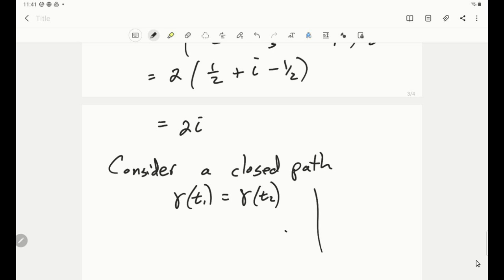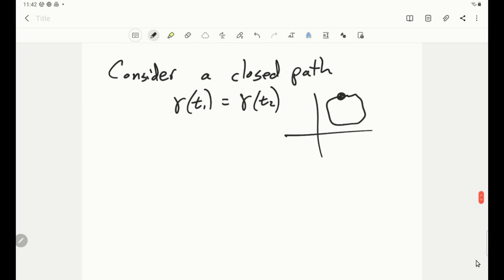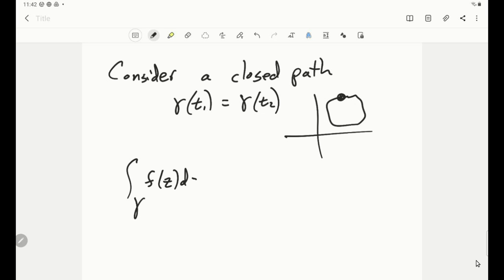So we were out here somewhere and we go like that and we end up back where we started. Then in that case, if f satisfies all the conditions in a region G and so forth, then the integral of f of z dz would be equal to our antiderivative at gamma of T2 minus f at gamma of T1. But since those 2 points are the same point, we get 0.